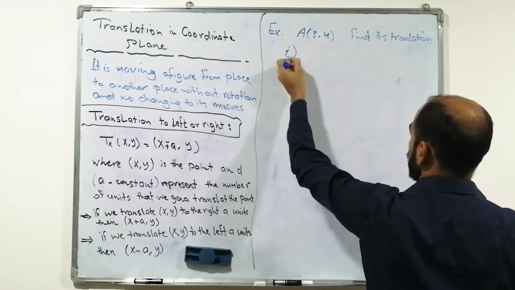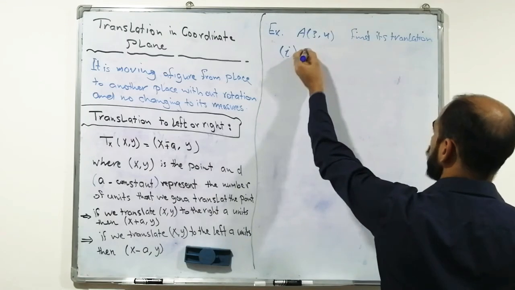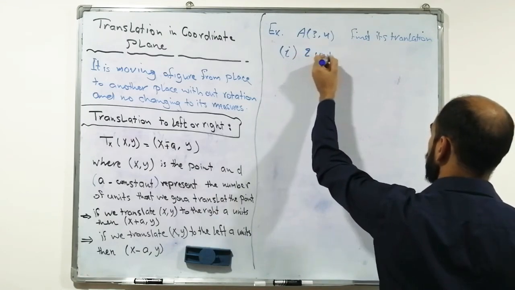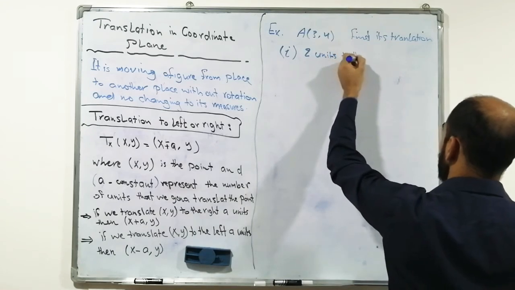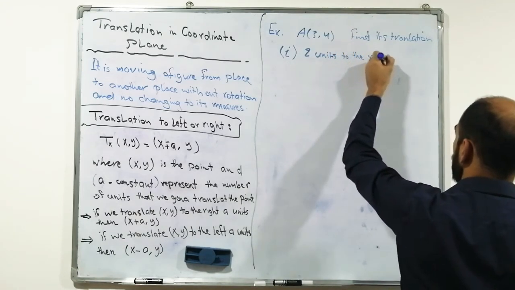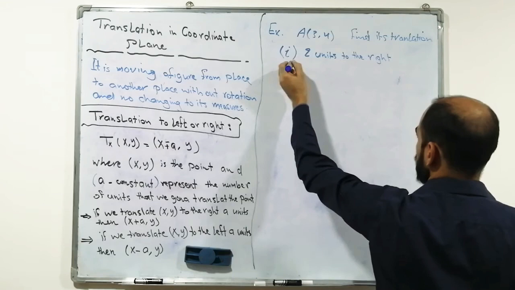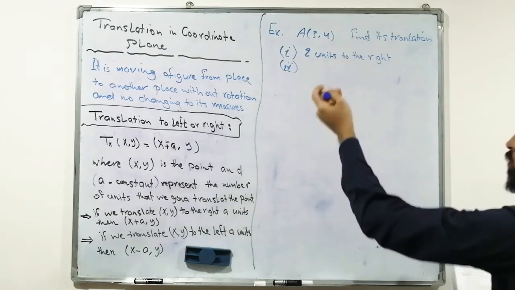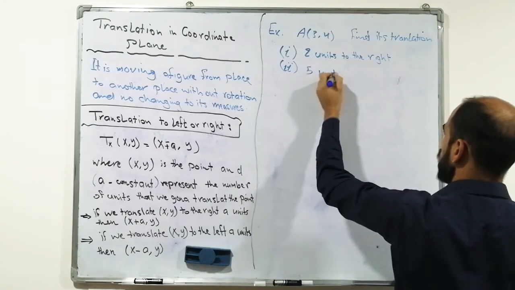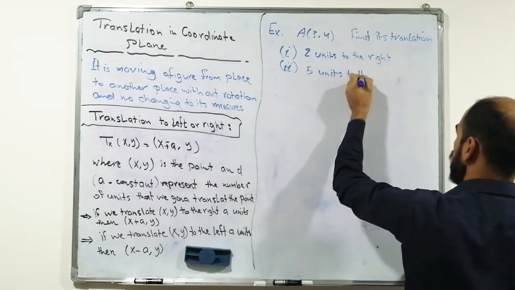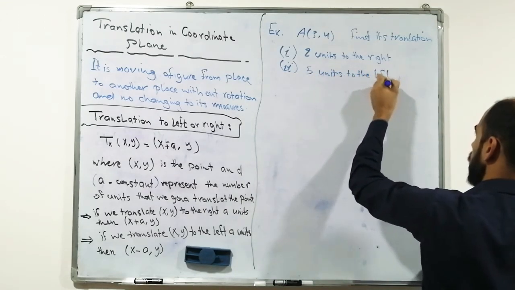The first one is 2 units to the right. The second is 5 units to the left.